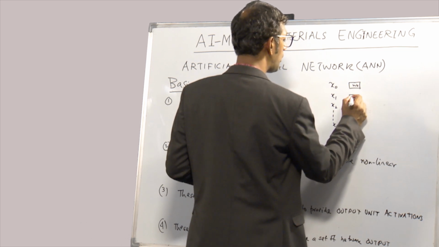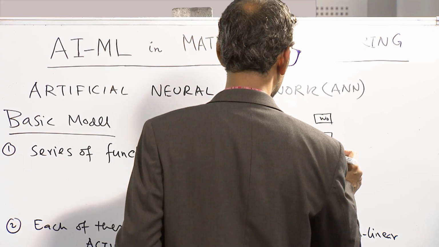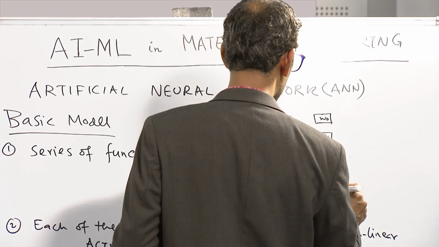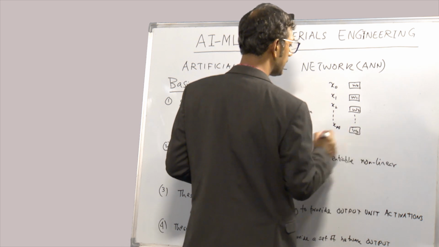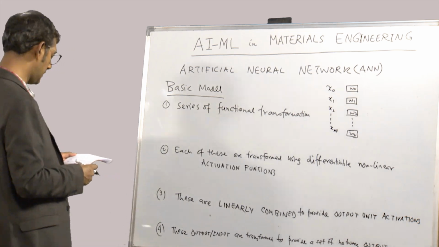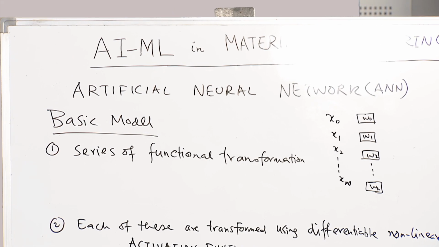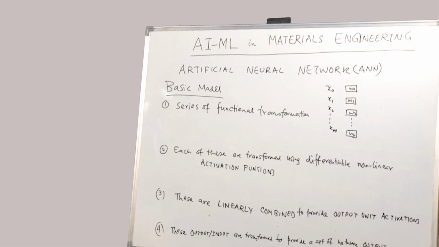Remember, weights are also used in regression. So, these weights are placed there, and then I can linearly combine them or non-linearly combine them. You can always do either; it depends on the problem.